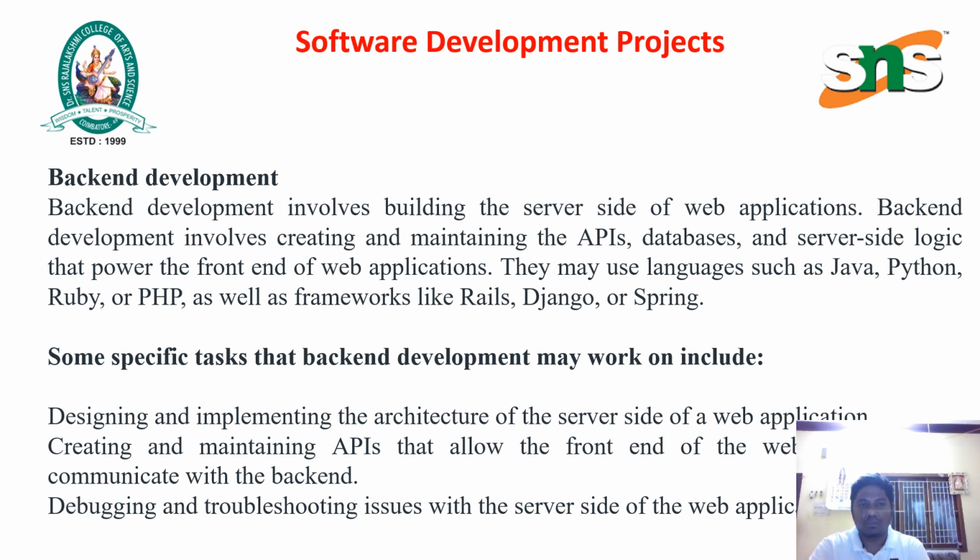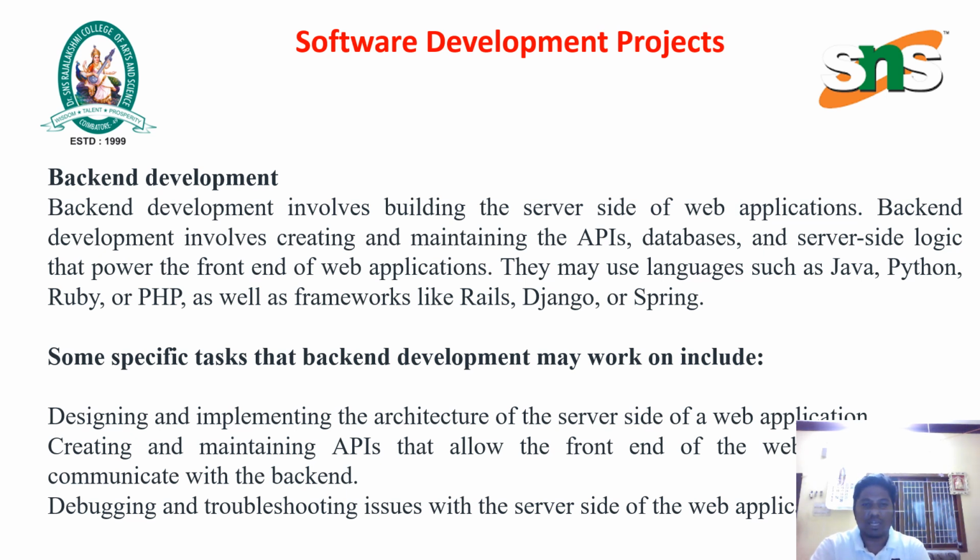Backend development involves building the server side of web applications. Backend development involves creating and maintaining the APIs, databases, and server-side logic that power the front end of web applications. They mainly use languages such as Java, Python, Ruby, or PHP, as well as frameworks like Rails, Django, or Spring.